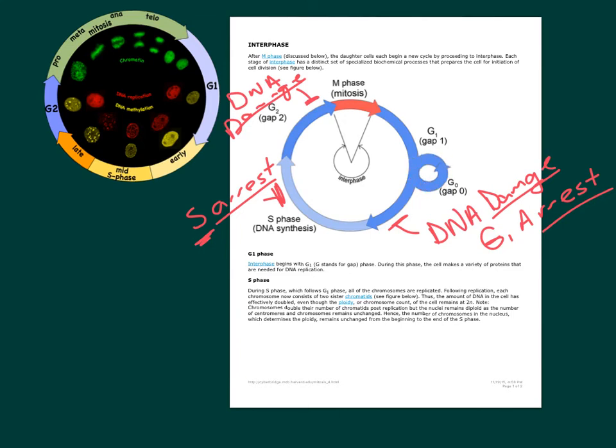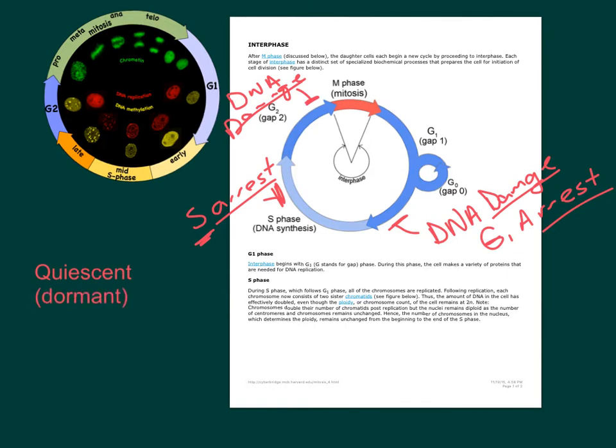Now that dormancy is called quiescence. Let me spell that out for you here. It's quiescence, and it means dormant. Okay, it's the same as the word dormant, and it's important that you know that.